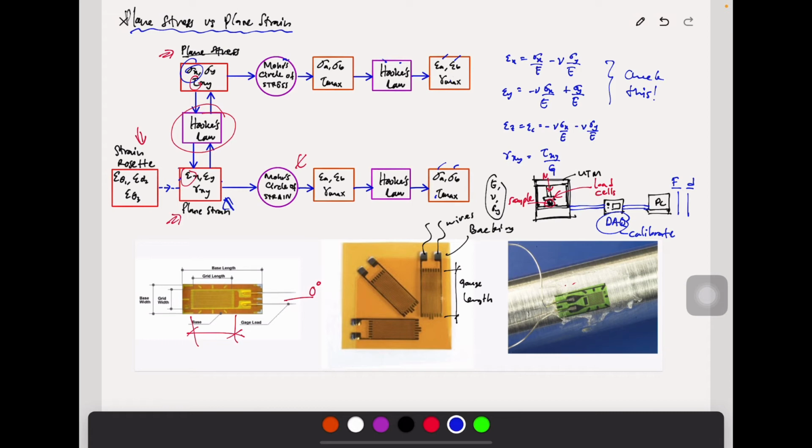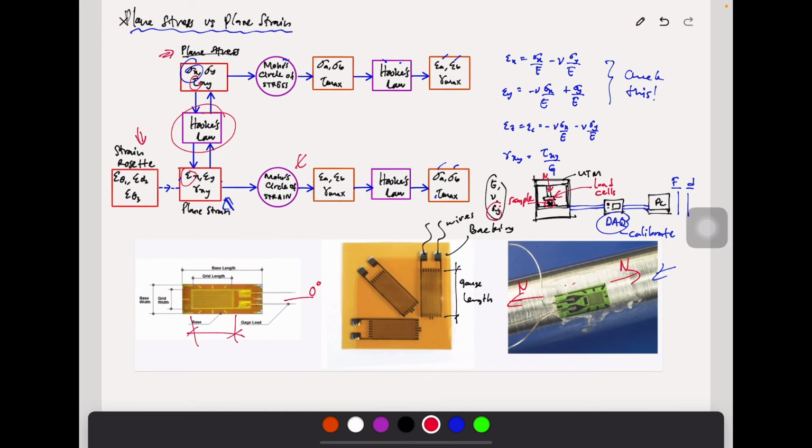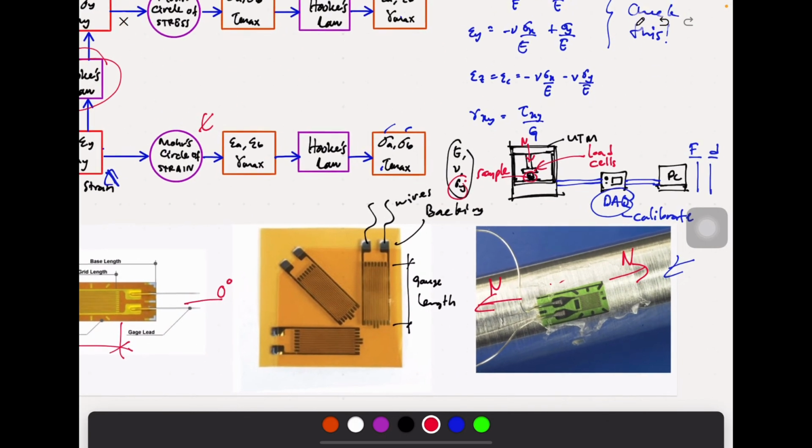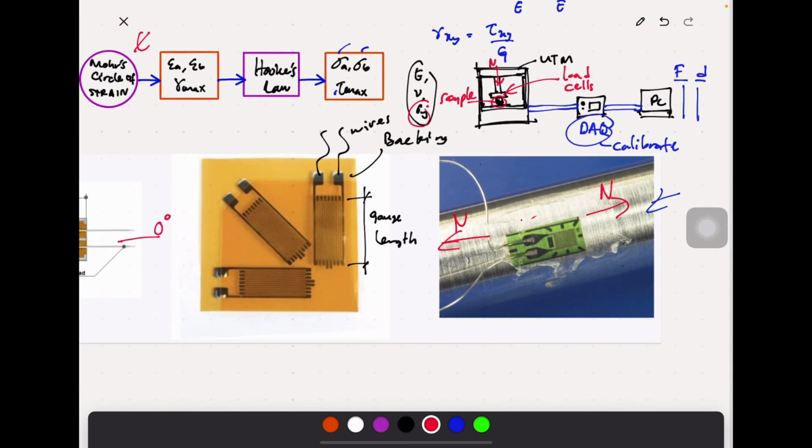You can have the strain gauge or the strain rosette or the load cell. There is a whole field of mechanical testing. Engineers utilize the load cell or strain gauge in order to measure the strength of the material that they want to know. Like in the example over here, force is given in terms of Newton.